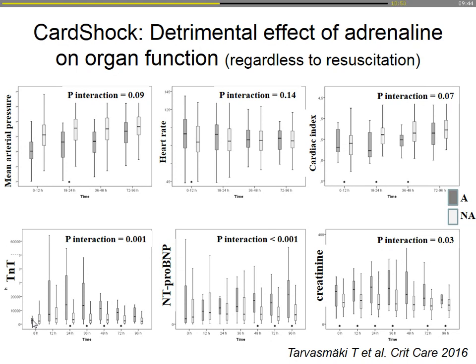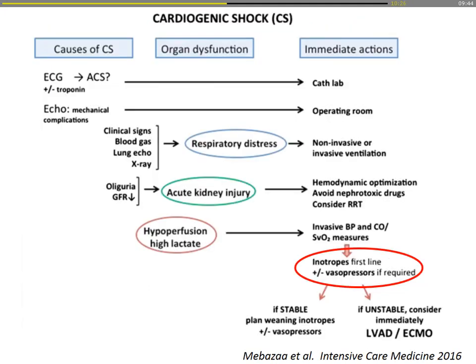You see that the troponin level was similar to those receiving norepinephrine in the beginning, and in the first 48 hours, troponin increased 5 to 10 times higher than in the group of patients receiving norepinephrine. Then a much higher level of troponin in patients receiving epinephrine, a higher level of NT-proBNP, and a higher level of creatinine in patients receiving epinephrine compared to norepinephrine.